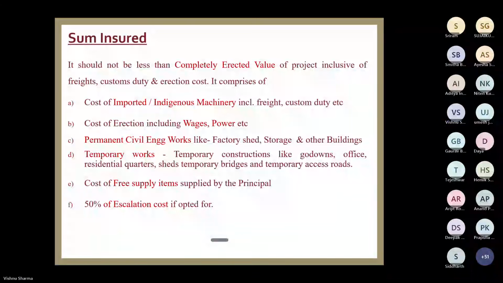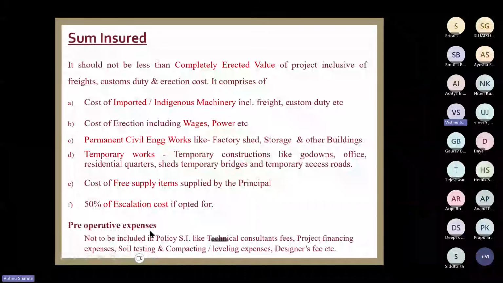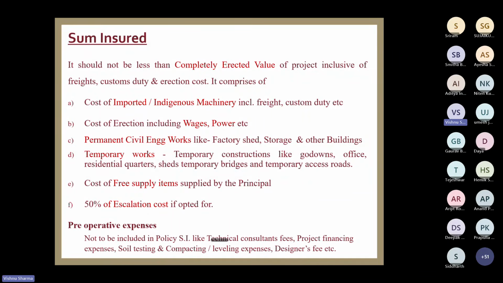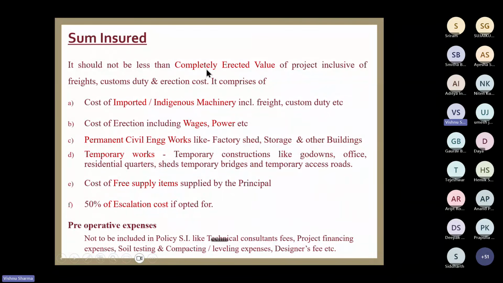Okay. Then this is very important, pre-operative expenses. There are certain expenses which have already occurred, which are a part of the project, but they are uninsurable. They are not supposed to be taken in the cost while taking the values for declaring the sum insured. Means premium is not supposed to be paid.